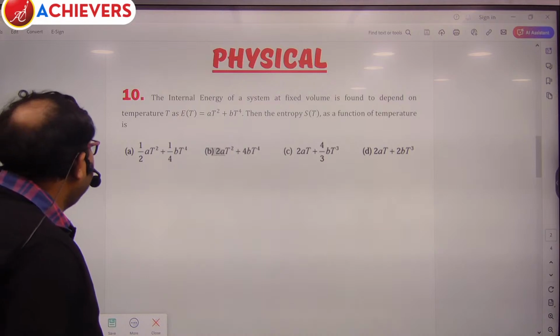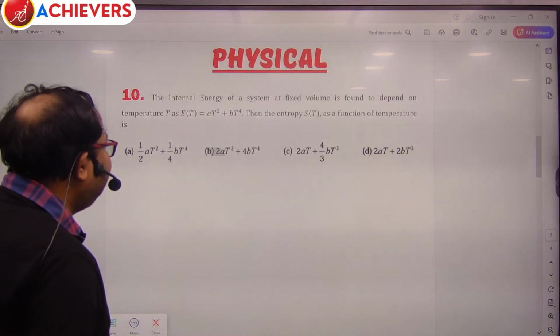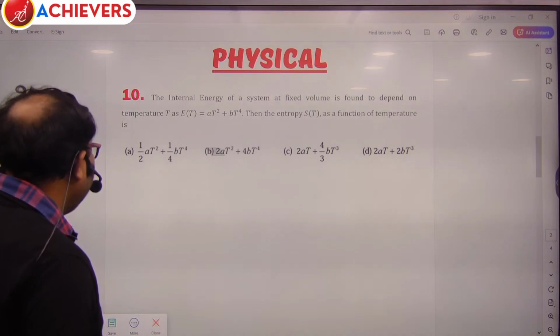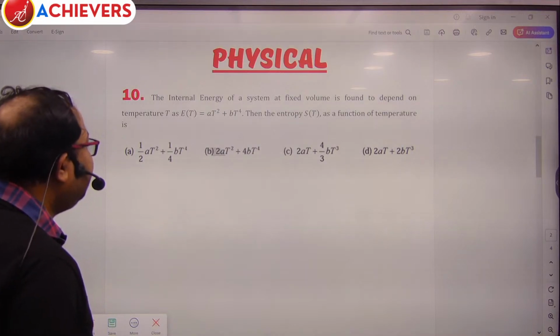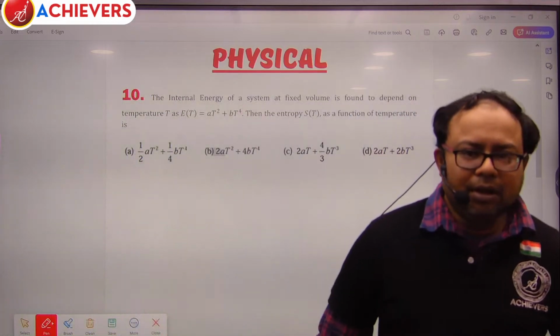So you can see that the internal energy of a system at fixed volume is found to depend on temperature as E(T) equal to AT square plus BT to the power 4. Then what is the expression of entropy as a function of temperature?